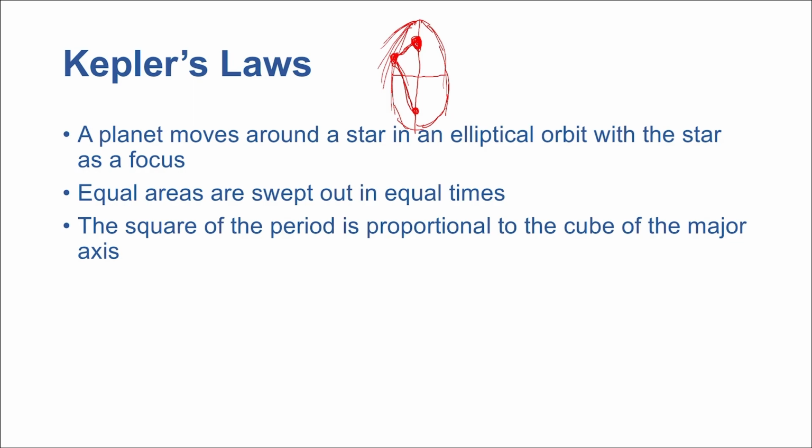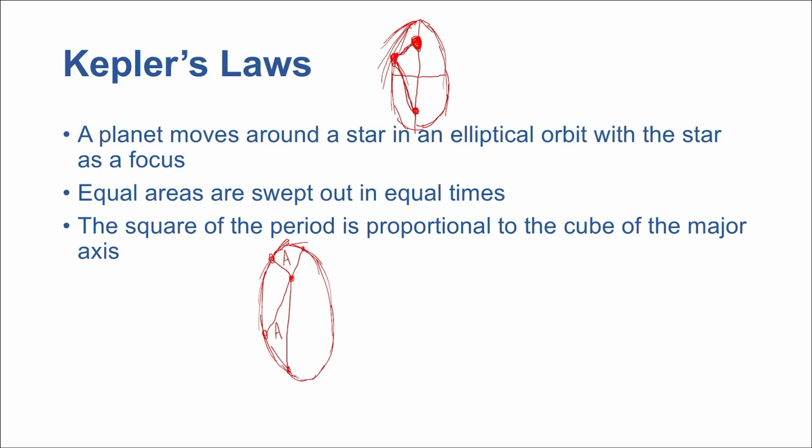Now, additionally, another one of Kepler's laws says that equal areas are swept out in equal times. So if I have an ellipse like that, and I have my star here, and my planet moves from here to here, I have an area A. And then my planet also moves from here to here, and that's also an area A. So these are both equal areas.